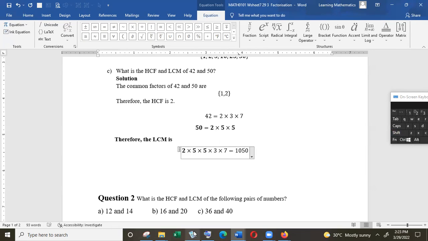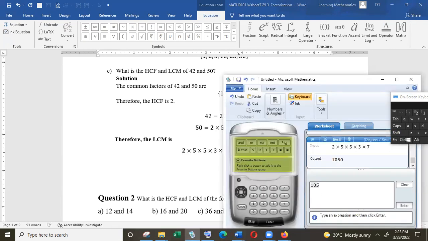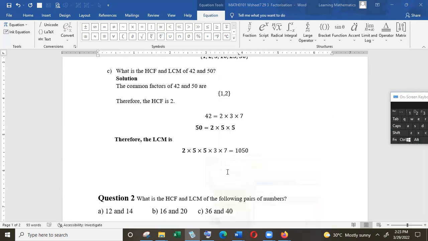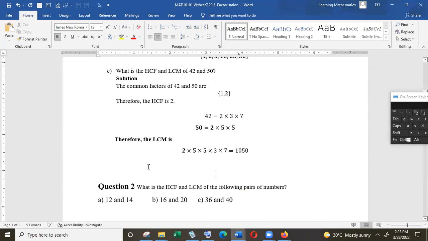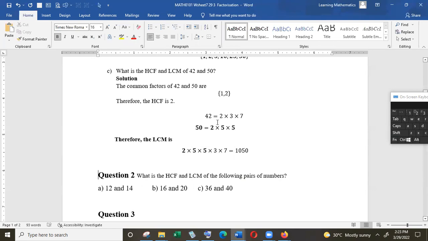Therefore, 1050 can be divided by 42 without a remainder, and 1050 can be divided by 50 without a remainder. So that's what you do to find the factors, the highest common factor and the lowest common multiple. You can also find the highest common factor by using prime factorization, but it's very essential for finding the lowest common multiple.